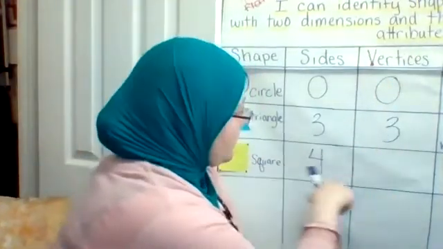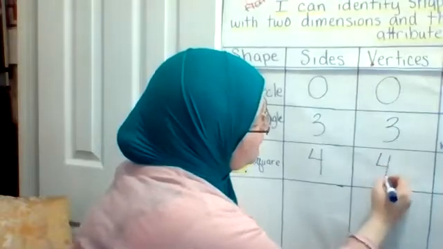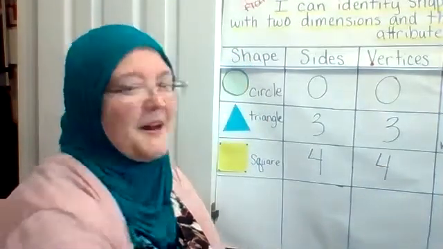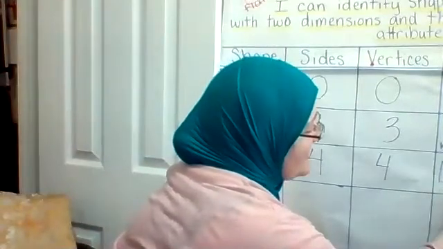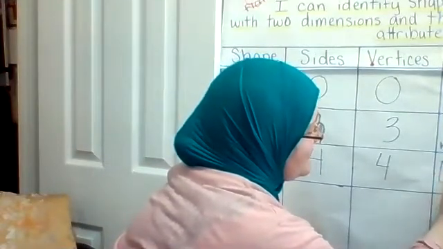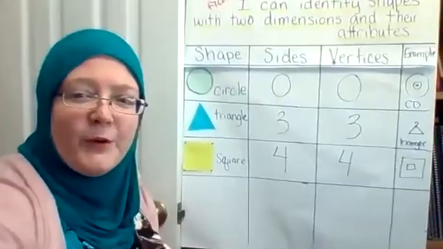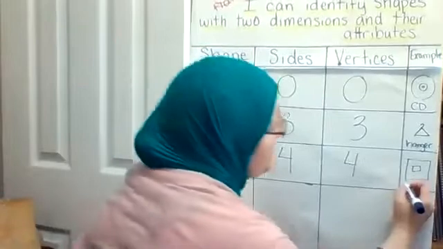Vertices, square, 4 vertices. And what was my example? A magnet. Oops, can you see that? No, there it is, my magnet.